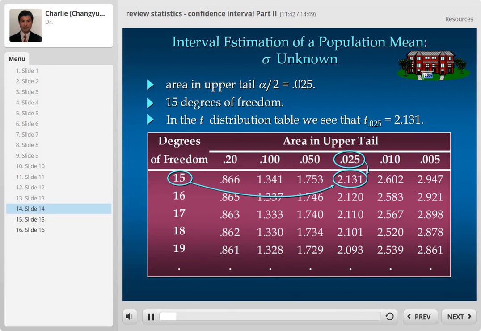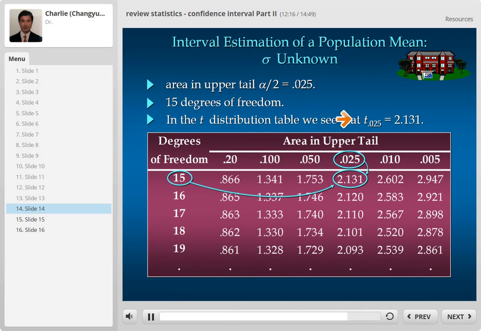Now we're ready to use the table. First of all, from the last slide, we know that the area in the upper tail, alpha over 2, is 0.025. Degree of freedom is 15. So we find 15 in the first column. We find 0.025 in the row of area in upper tail here. So 0.025, and we find the value is 2.131.